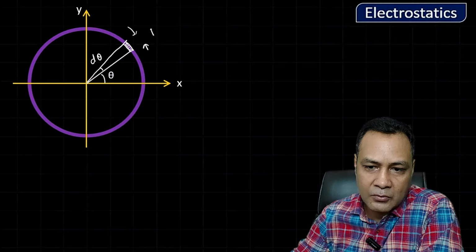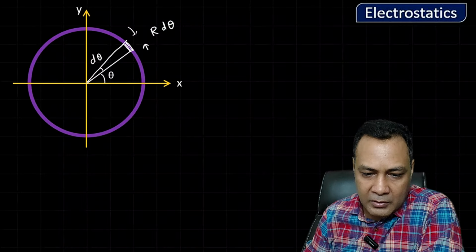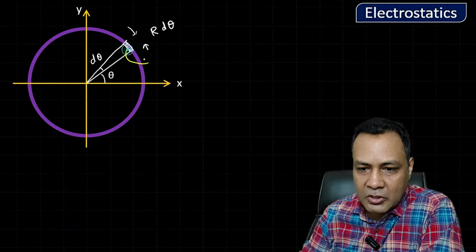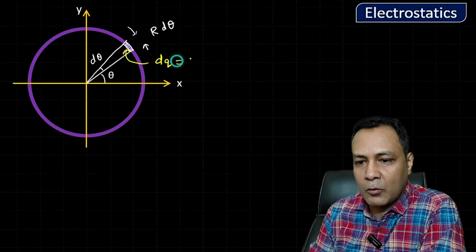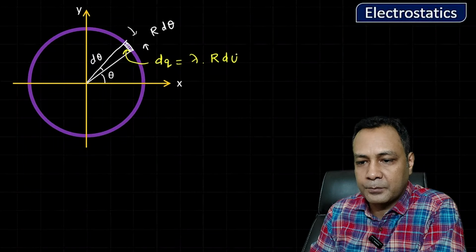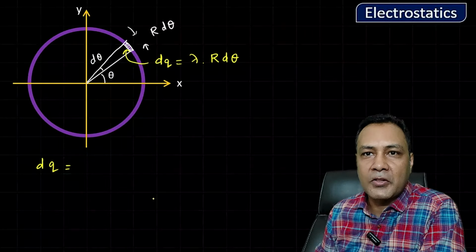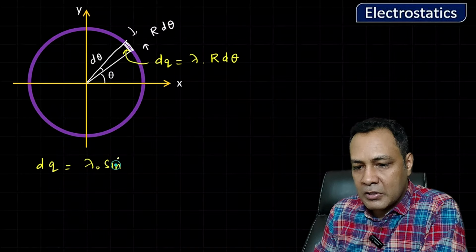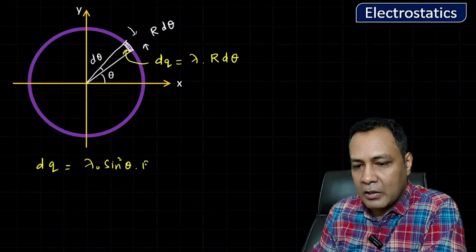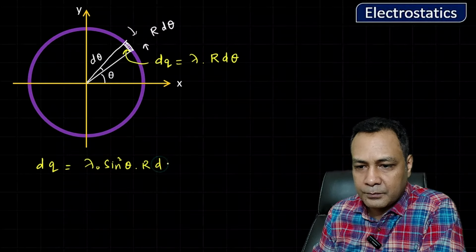If the radius is r, so this length is r d theta, and obviously then this element would be having charge dq equal to a local charge density lambda into that length r d theta. So this dq I can write lambda r d theta, and lambda was lambda naught sine square theta, r d theta.